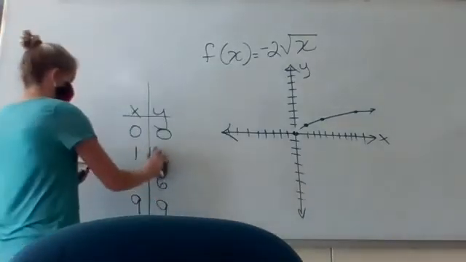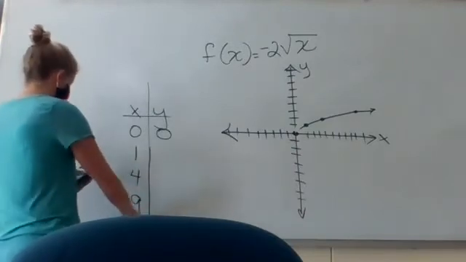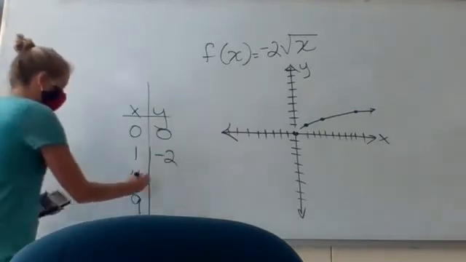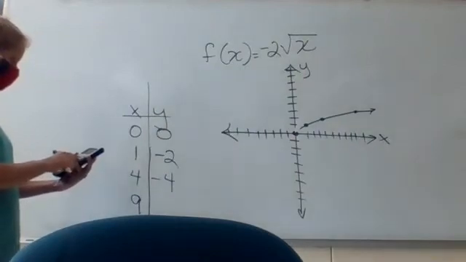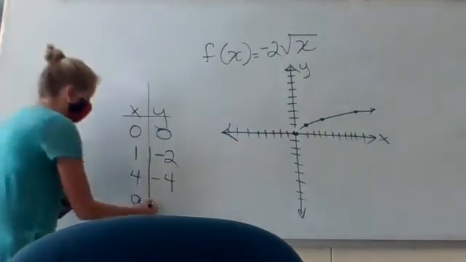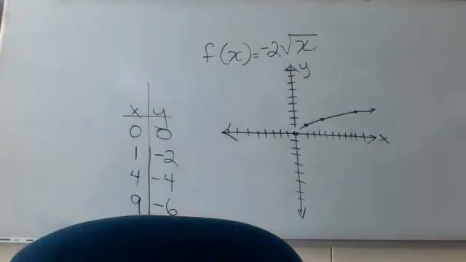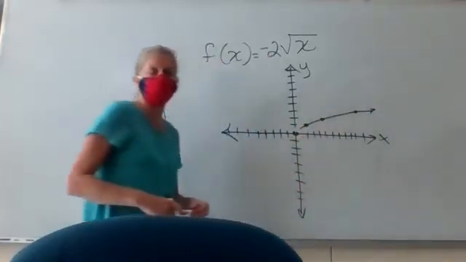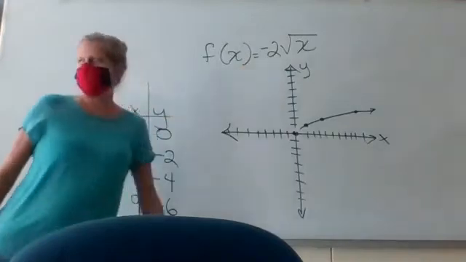0, 0 is still on there. Let's see, 1 now goes with -2, 4 goes with -4, and 9 now goes with -6. So let's plot these 4 points. Again, I'm leaving the standard square root one up there so you can see just what this -2 does to it.